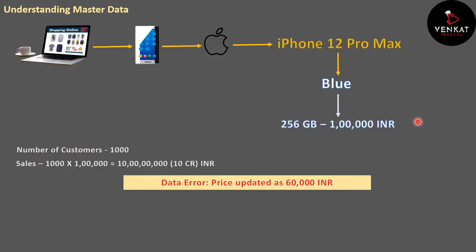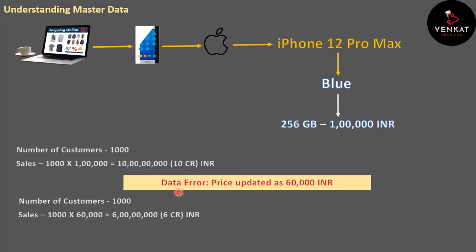Now, what is the impact of this? If the same 1,000 customers are purchasing the product for 60,000, how much will Amazon or the seller make out of it? 6 crores. So now there is a loss on the overall revenue of 4 crores.